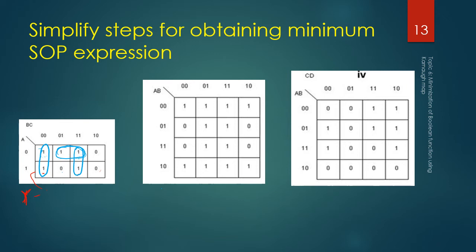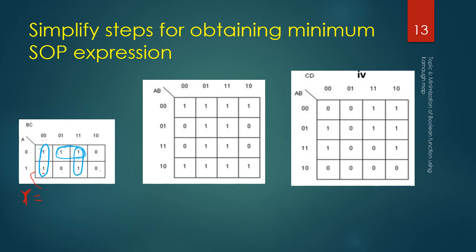So y equals, first we check how to write this first group. There are 2 squares here, and we check the input variables of each square. For this one we got 0, 0, 0. For this one we got 1, 0, 0. So only a is different, right?